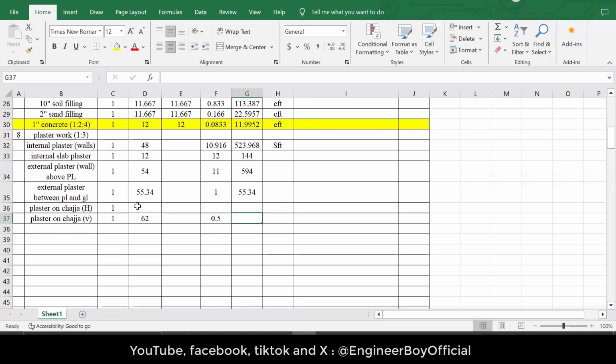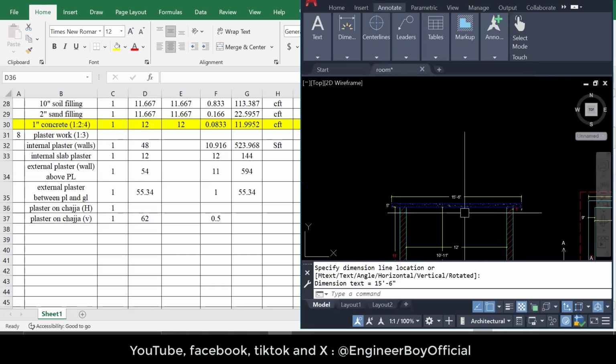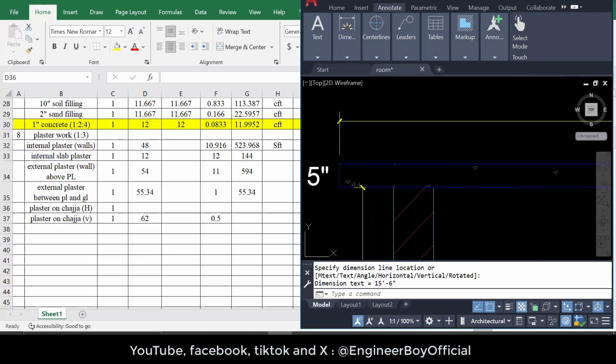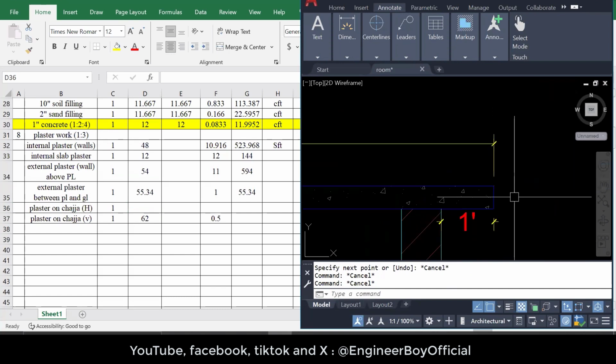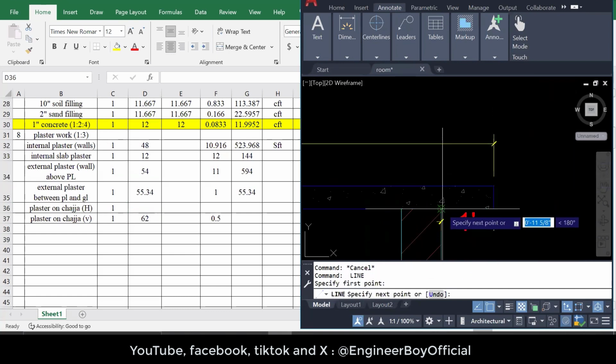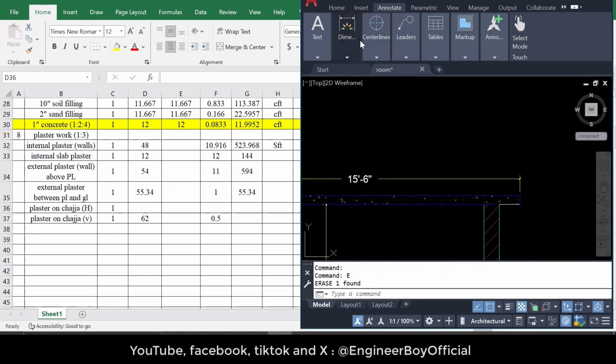Now however, the chajja, and you can say the horizontal portion of the slab, which is this portion, you have to determine the center line. And how are you gonna do that? For that, let me just draw an extra line from this point to this point, and then from this point to this one. So we can determine the center line length.